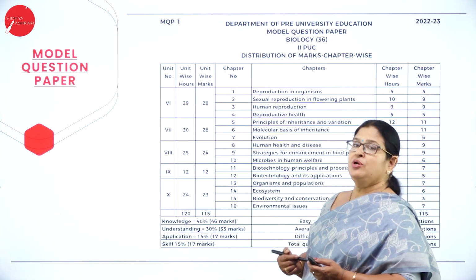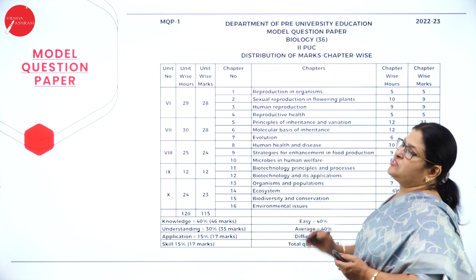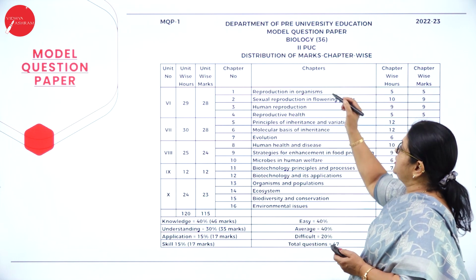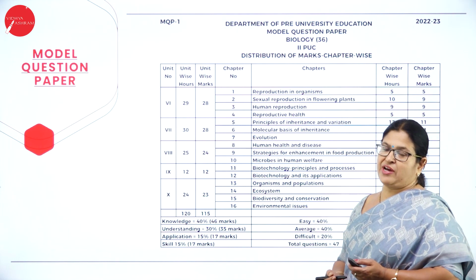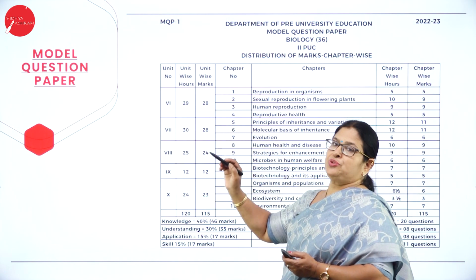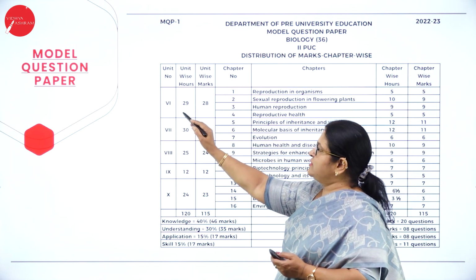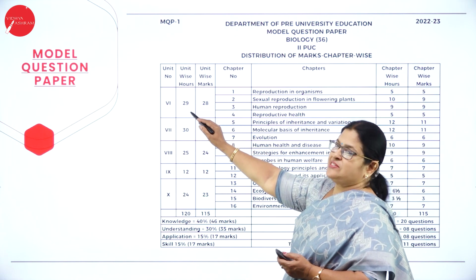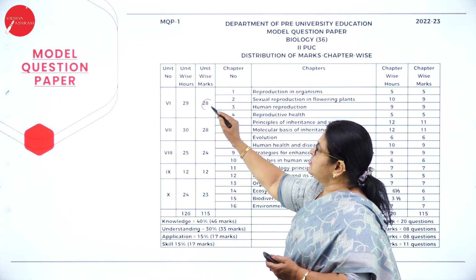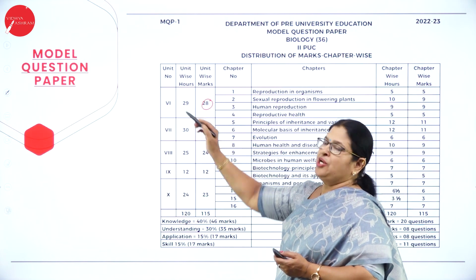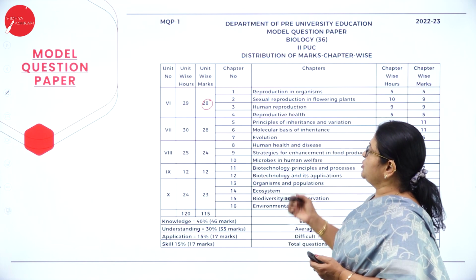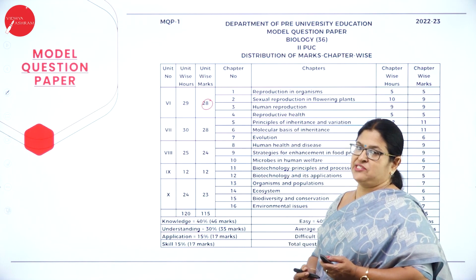So let us know the distribution of marks chapter wise. Let us have a brief outlook of the distribution of marks chapter wise in second PUC biology syllabus. Moving on to the unit, that is unit 6, the unit wise hours is 29 and unit wise marks is 28. This unit 6 is nothing but reproduction, which includes 4 very important chapters.